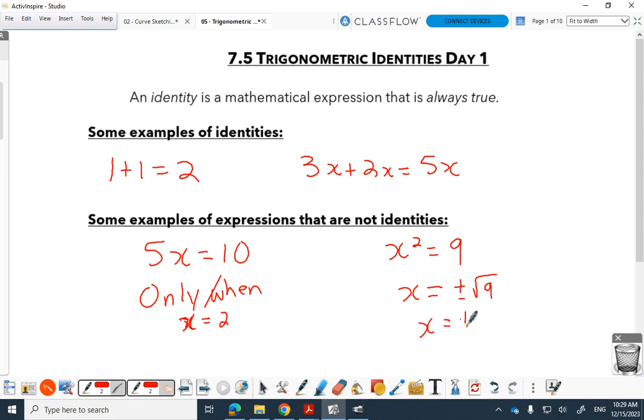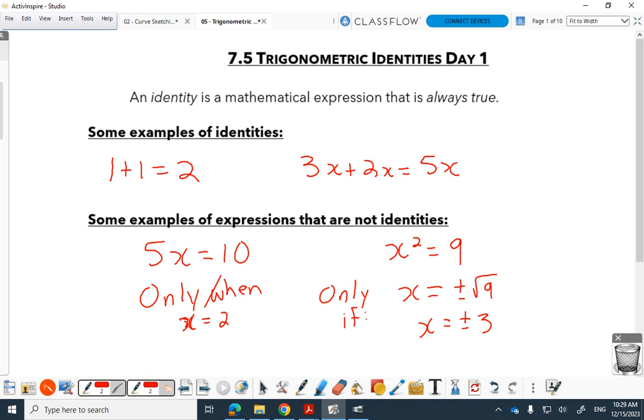Did I need all those steps? No, I was just being technical to show all the steps. It's only true if x equals plus or minus 3. And you say, well, we never wrote that before. We never wrote only if x equals plus or minus 3. I know we didn't write it like that, but that's the implication. We're finding the x values that made this work.